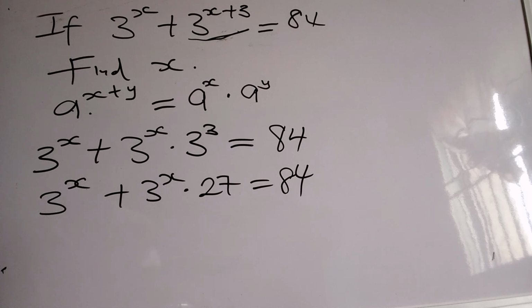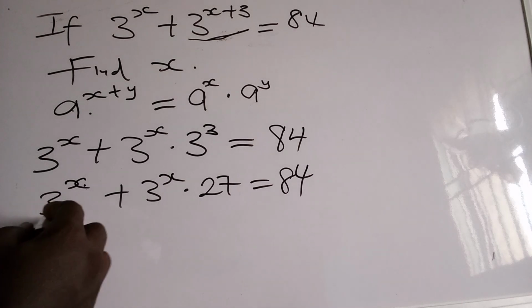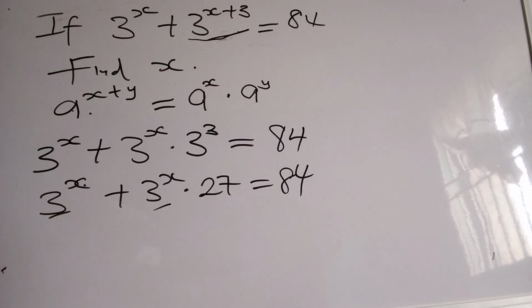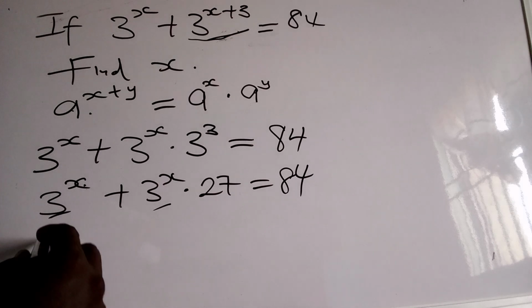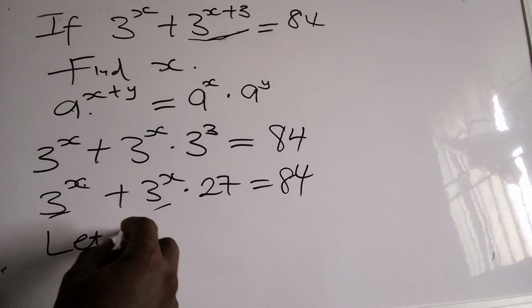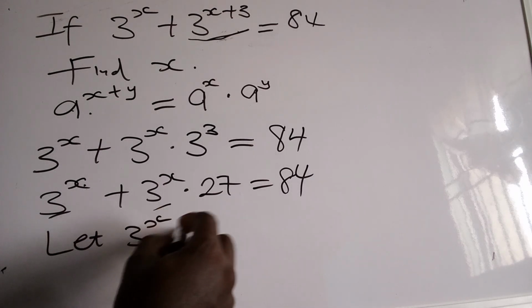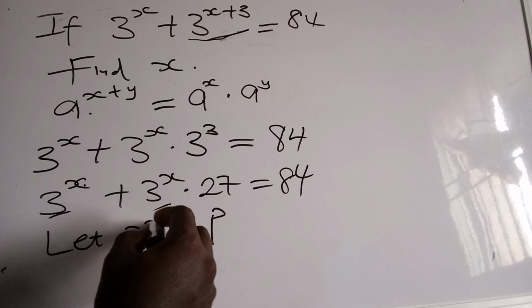For us to be able to find our value of x without much stress, we need to represent this with a letter. Let 3 raised to power x equal p.